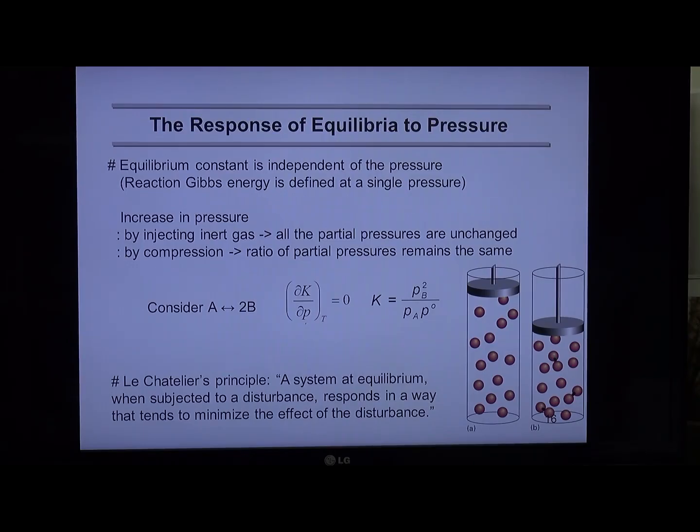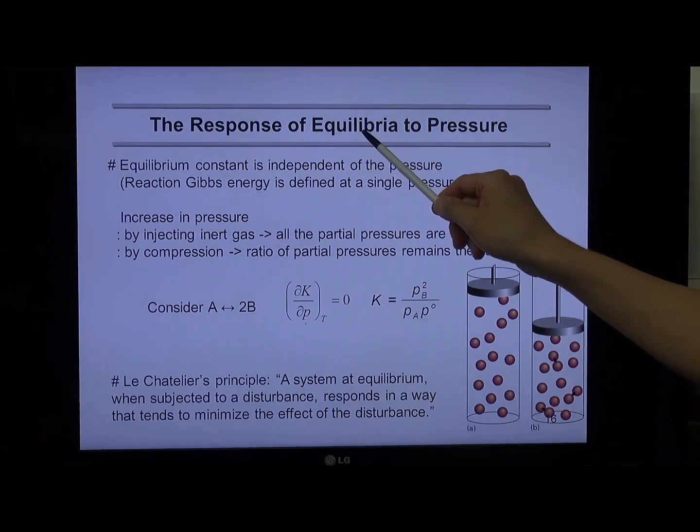So let's review it. What would happen if there is a change of pressure or temperature or concentration of reactants and products? One important thing is that equilibrium changes, basically.